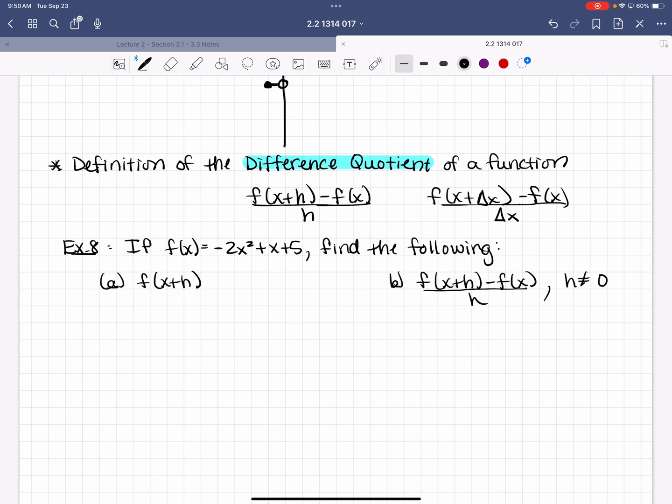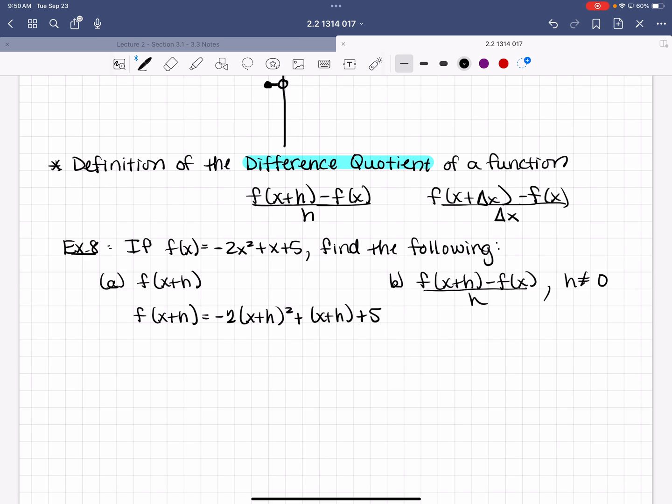Now, guys, to find f of x plus h, what did they do? They just took out x, and everywhere they saw an x, what are they doing? Plugging in x plus h, right? So this is really going to become negative 2 times x plus h squared plus x plus h plus 5.